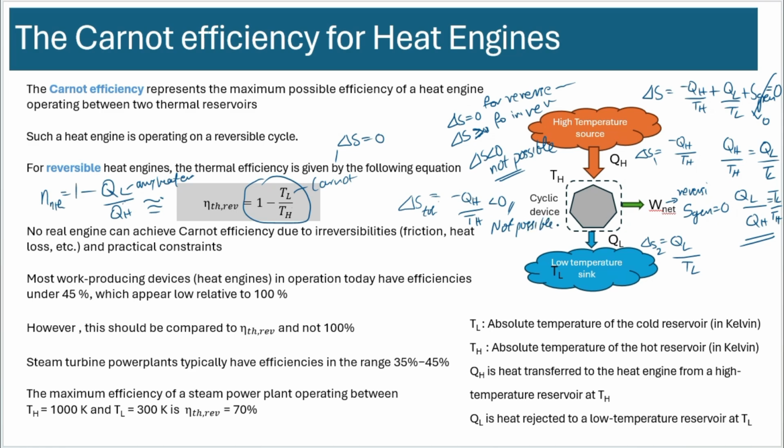Such a system is not possible because you cannot destroy entropy. That is the basics of the second law. So you have to have some amount of heat loss. This is why 100% of heat cannot be converted to work.